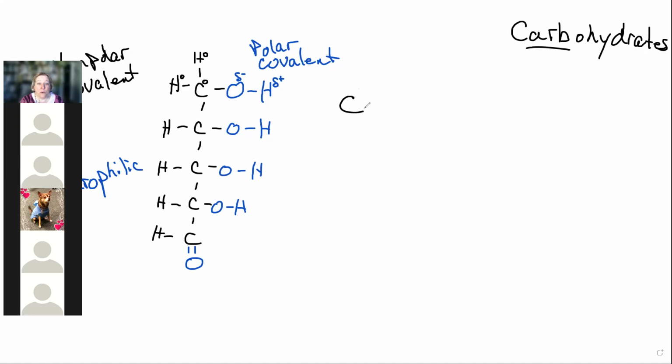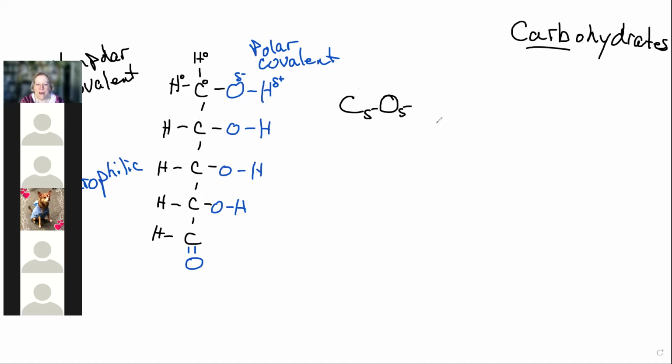And in a molecular formula, I would write that as C5. Okay, because I've got 5 carbons. And I've got 1, 2, 3, 4, I missed an oxygen somewhere. 1, 2, 3, 4, 5. 1, 2, 3, 4, 5. Okay, I just counted wrong.